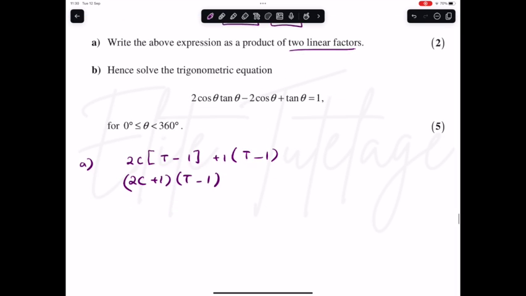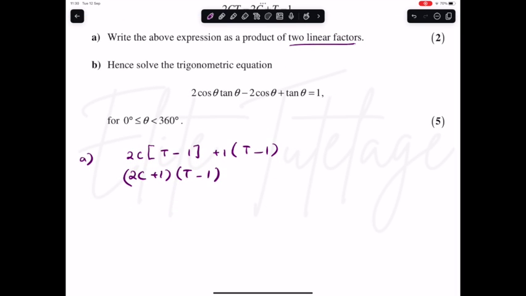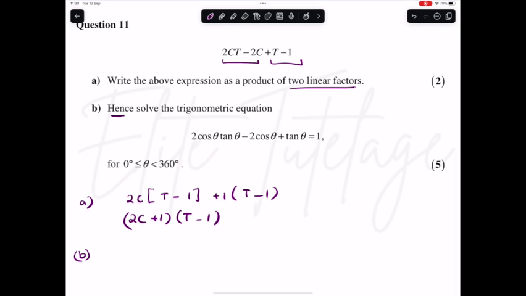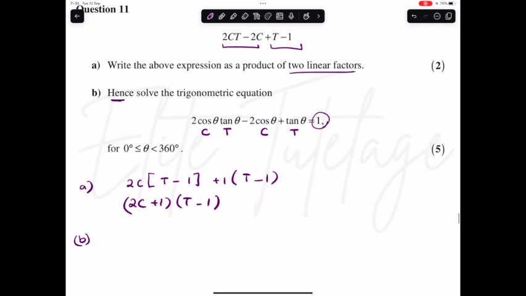Now here we've got the next part, which involves "hence", using the previous part. So I'm going to just cheekily write that down. Okay, cos is c, tan is t, and the 1 obviously can be brought onto the left-hand side.